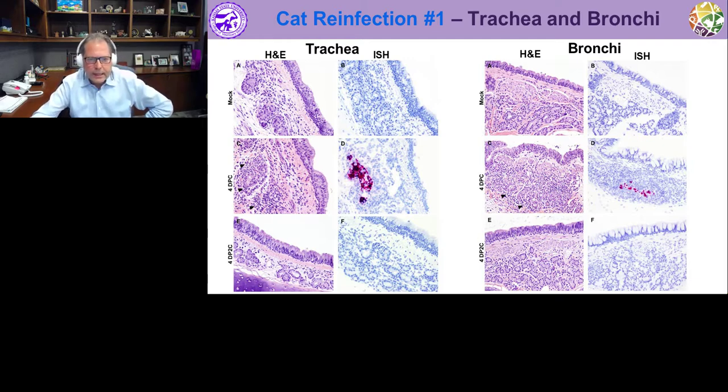On day 4 post-primary infection, you see this adenitis associated with the RNA within the submucosal glands in both trachea as well as bronchi. And if we look at the reinfected animals, we don't see any viral antigen present in the respective tissues and no inflammation in the submucosal glands.